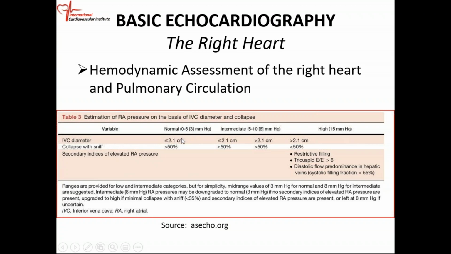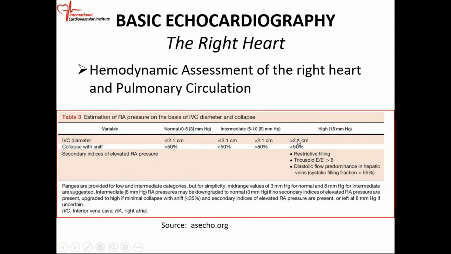And if you look at the IVC, it's less than or equal to 2.1 centimeters. You know how to measure it with inspiration or the sniff. If you get more than 50% collapse, then that right atrial pressure is about 3 millimeters mercury. The next set of numbers you need to remember is these.